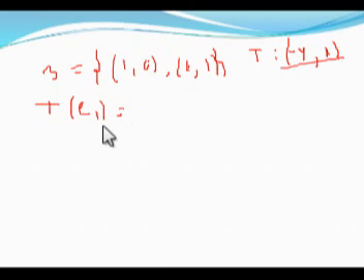If we put E1, we will get (0, 1), and this can be easily expressed.